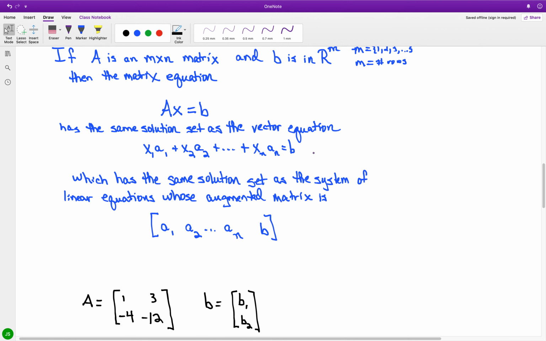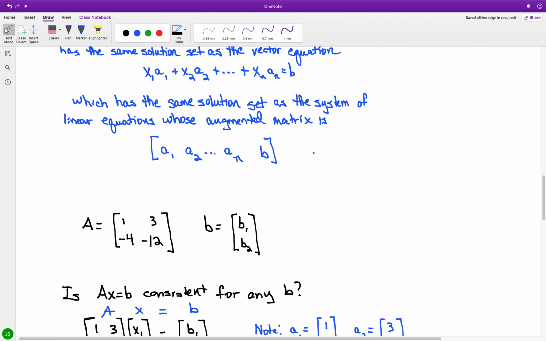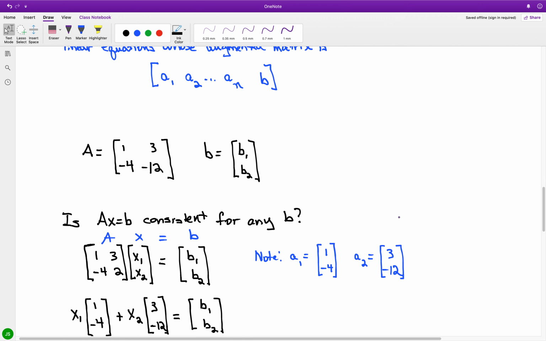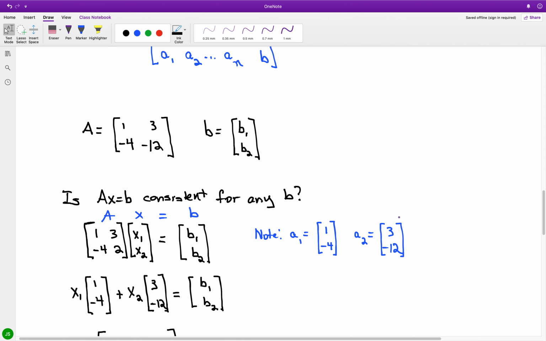Now, just testing out for consistency. Say you have A as 1, -4, 3, -12, and we have b consisting of b1 and b2. And you might have the question posed as: is Ax equal to b consistent for any vector b? So just looking at what we have, setting up the vector equation: we have 1, -4, 3, -12, and just making a note, a1 is equal to 1, -4.